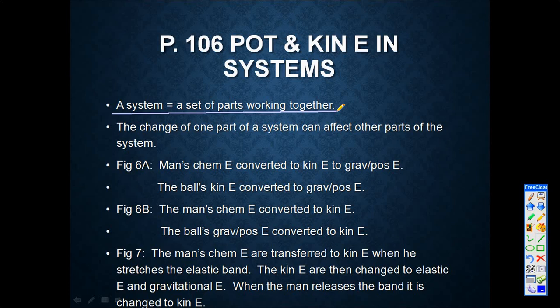So many parts form a system. And all these parts work together to let a certain thing take place, or let the system work in a certain way. Okay, so what is happening here is we are looking at potential energy changing to kinetic energy.